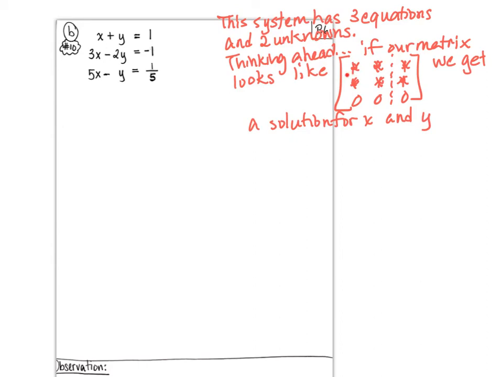Because that'll mean you're able to get x equals something and y equals something, and then this row of zeros will just be extra, okay?